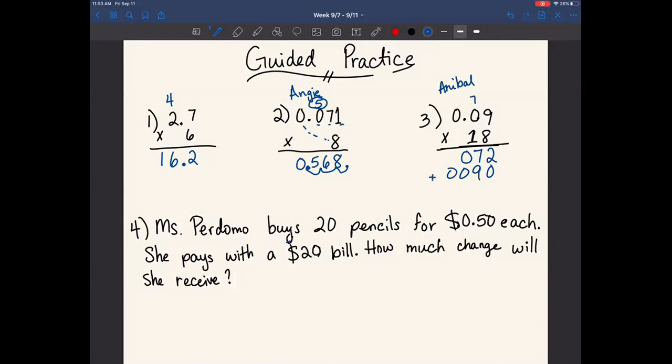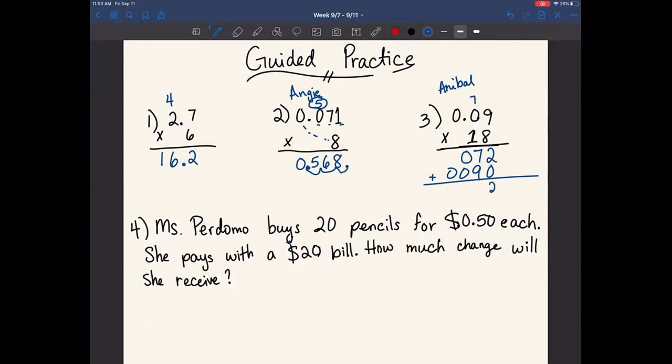Next, we add the numbers. Okay, what do we get? Wait, I'm adding. Okay. 162.